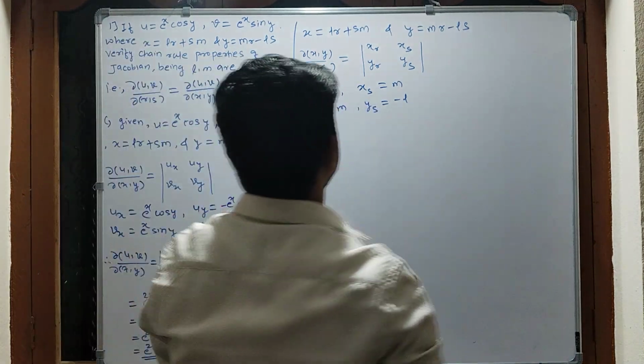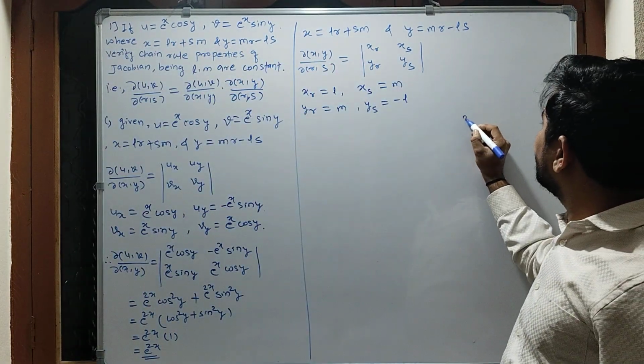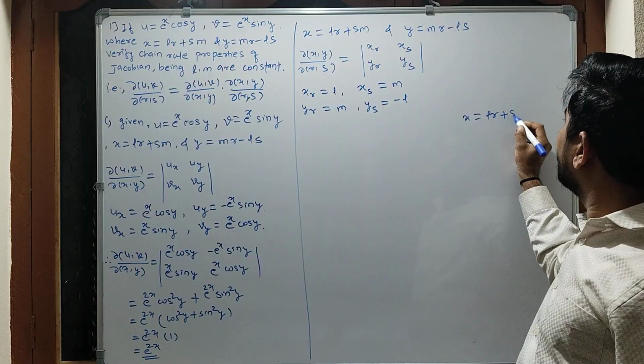Now, I think most of the students are confused about how to find this. Here x is equal to Lr plus Sm.